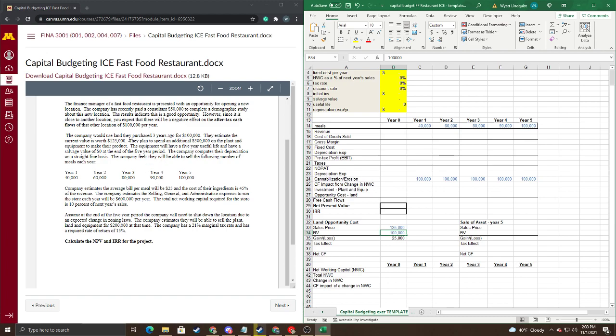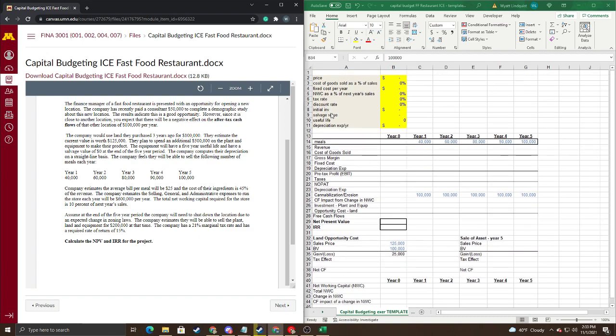So they plan to spend an additional $500,000 on the plant and equipment to make their product. This is going to be the initial investment. So the initial investment will be that $500,000, and the equipment will have a 5-year useful life and a salvage value of $0 at the end of that time.